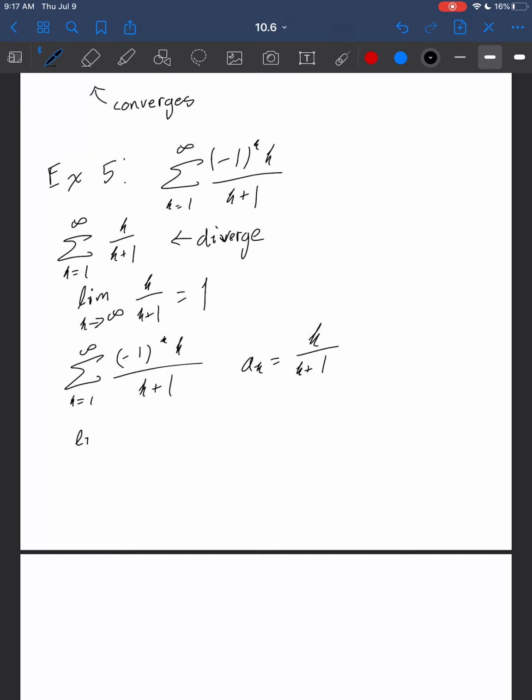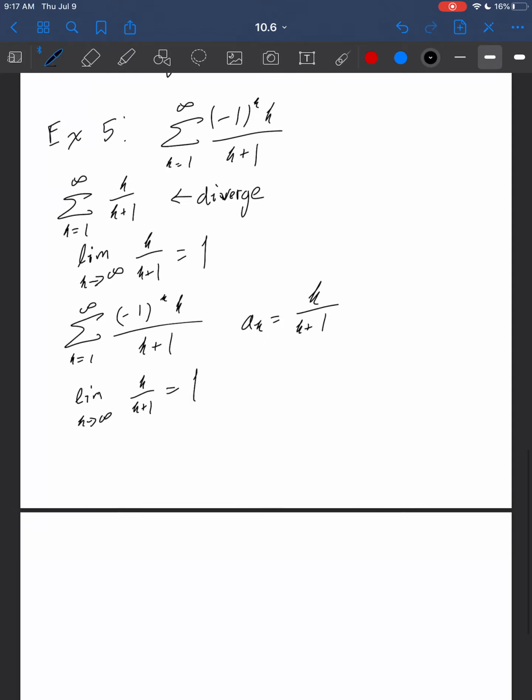If we take the limit of our a_k being k over k plus 1, we're still going to get 1 here as our answer. And so the alternating series test is going to tell us that this is going to diverge in this case.